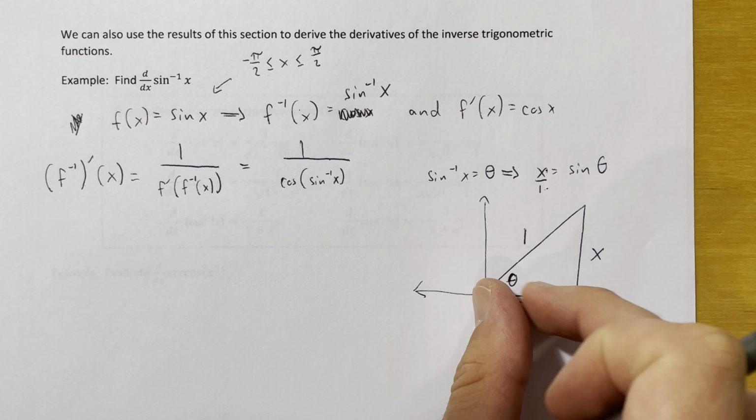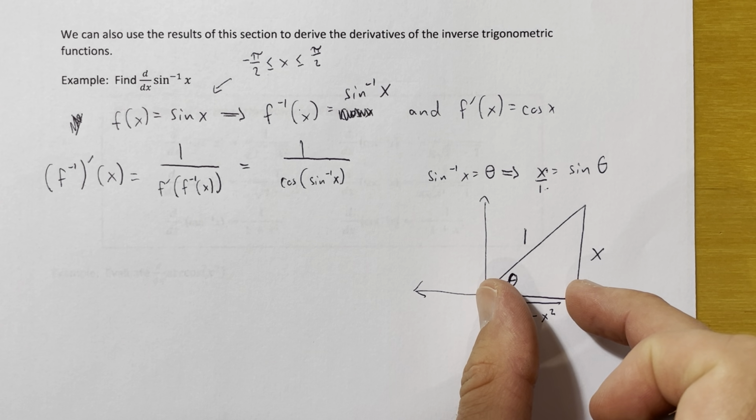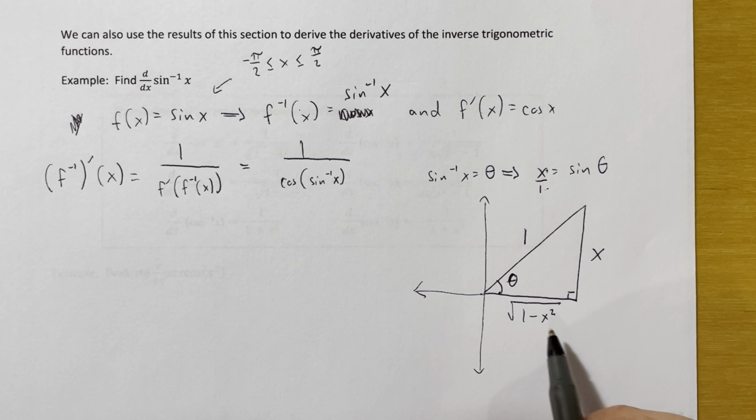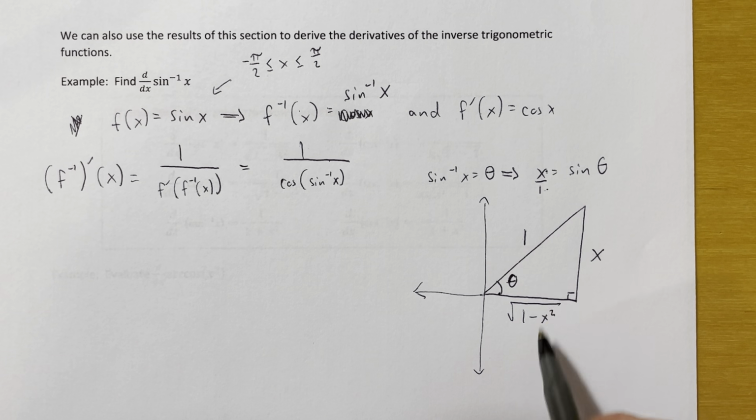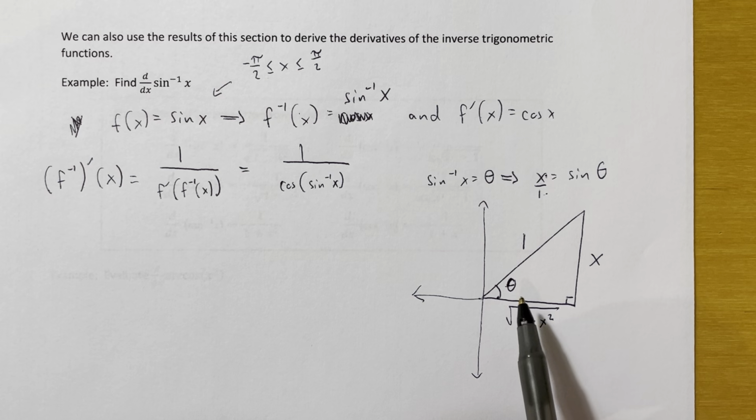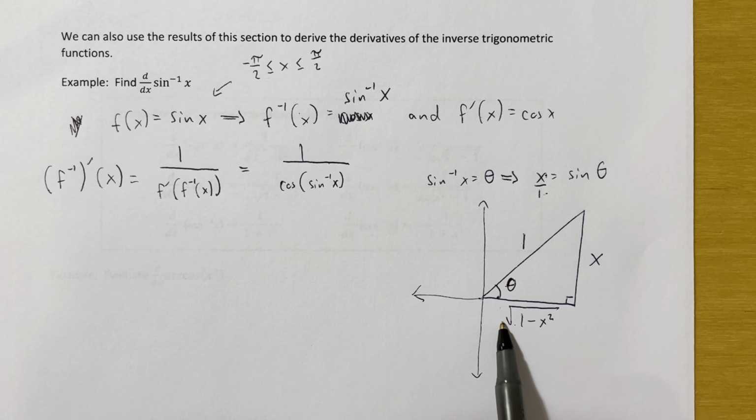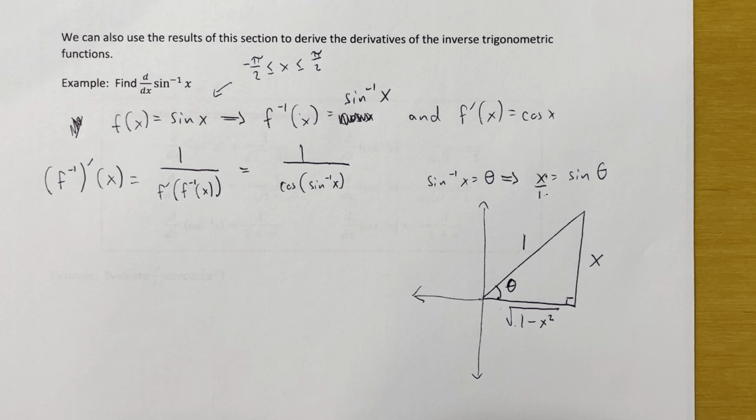That means this thing will be positive no matter what. Another way of thinking of that is that the cosine of an angle is always positive if that angle is in either the first or fourth quadrant. We know that from trig. So I don't need to worry about a plus or a minus here. I know that it's going to be positive.